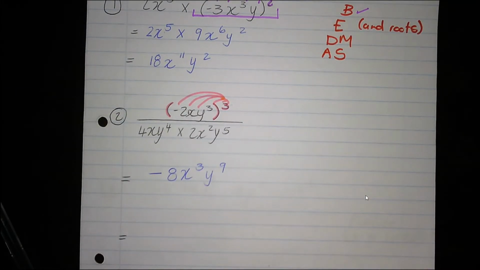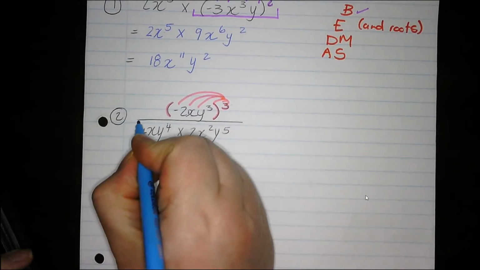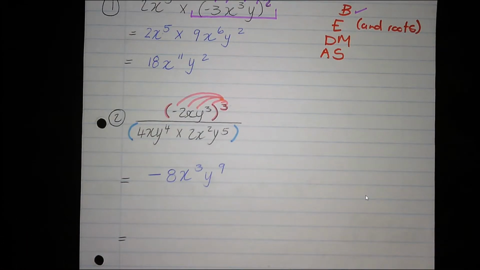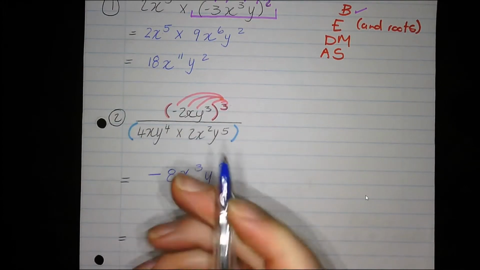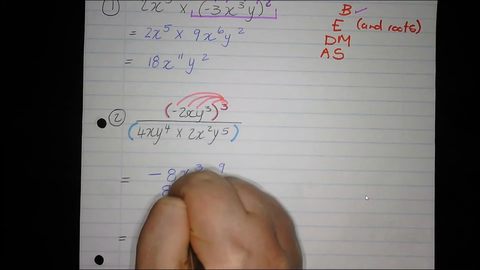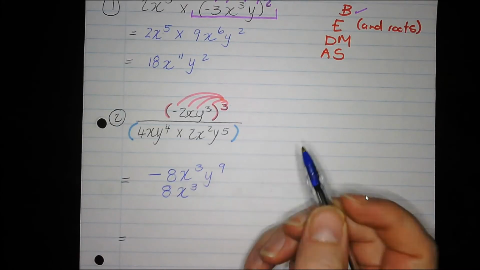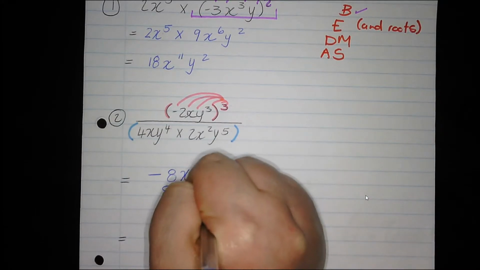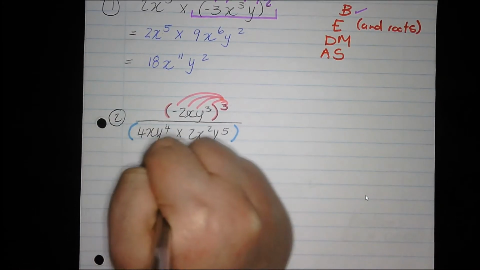Then we're going to simplify the denominator on its own, and in the denominator we're multiplying. So we have 4 times 2, which is 8, x times x squared, which is x cubed, y to the power 4 times y to the power 5, that's y to the power 9.